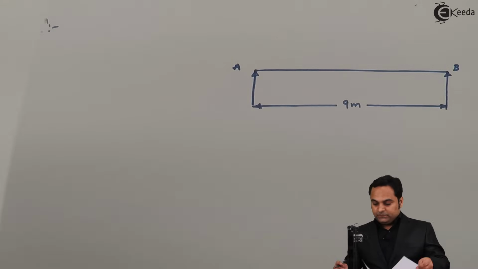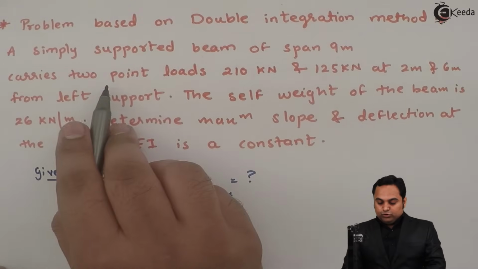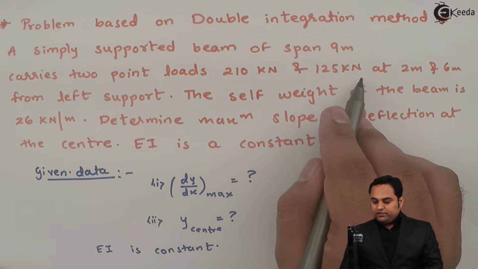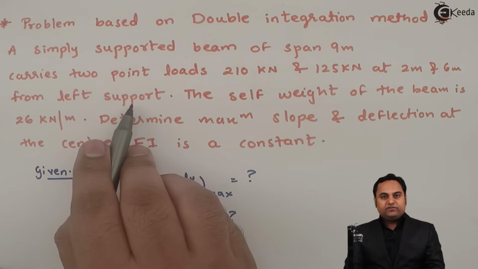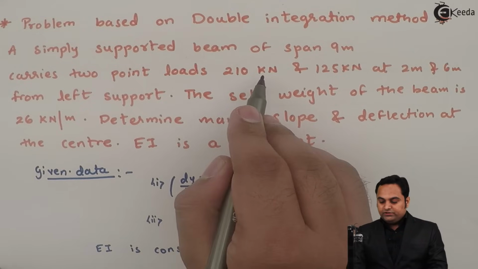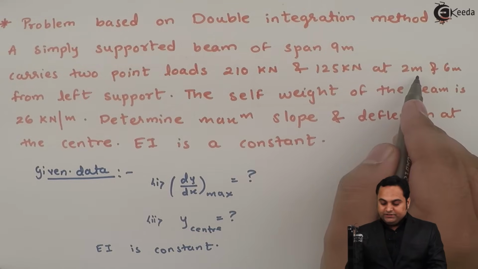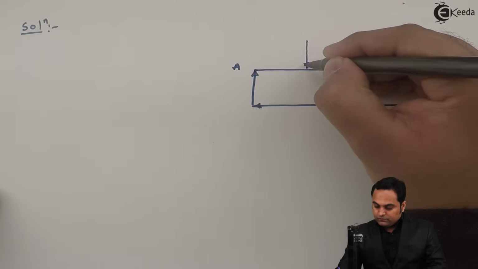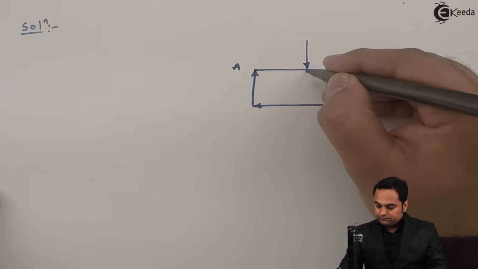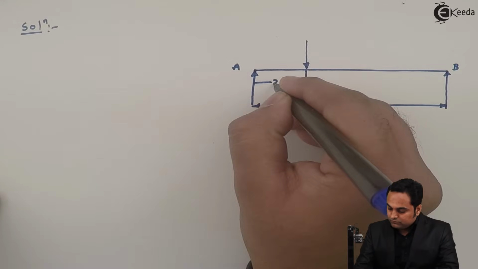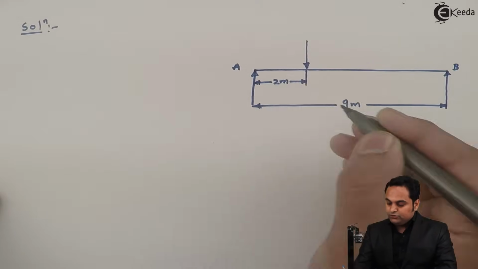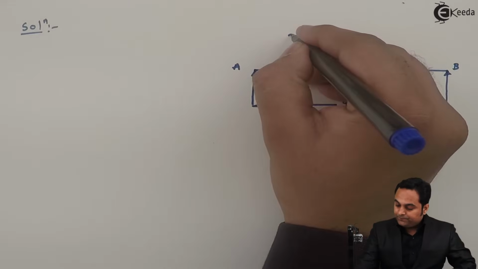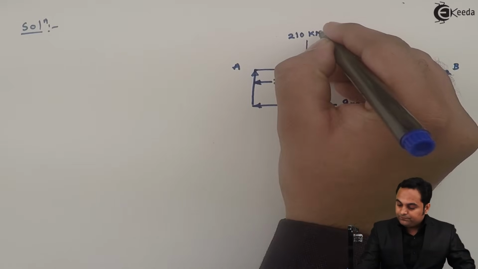Next, carries 2 point loads 210 kilonewton and 125 kilonewton at 2 meter and 6 meter from left support. So the first load, which is 210 kilonewton, is at 2 meter distance from left support. So from the left hand side support at 2 meter distance there is a point load of 210 kilonewton given.